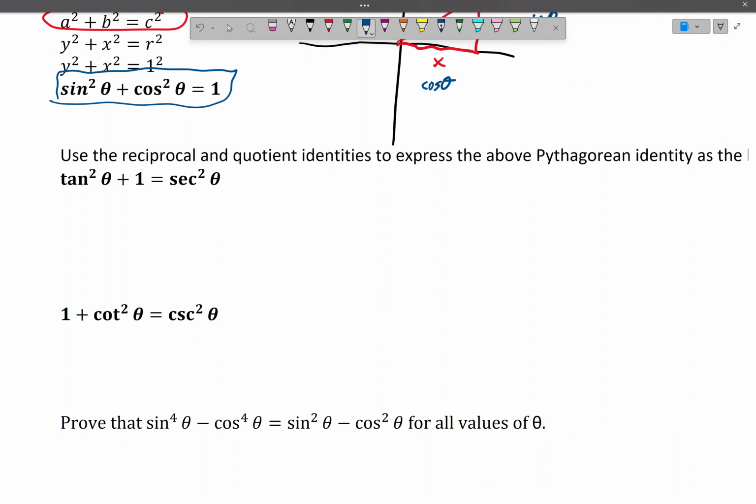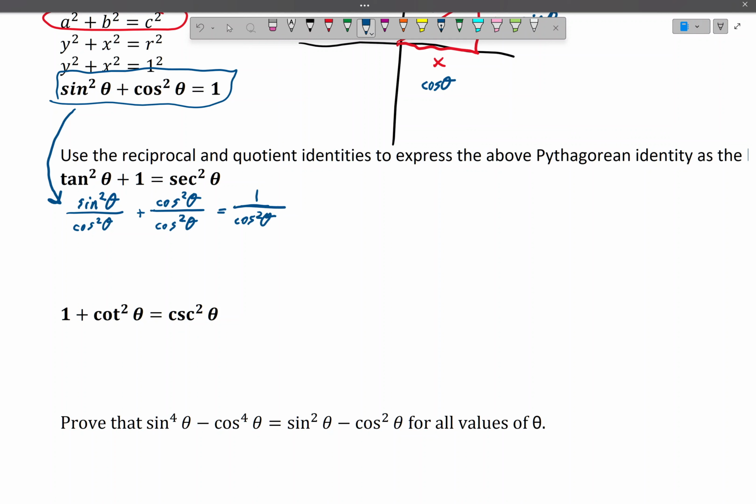What we're going to do is divide this original one. We're going to take this and divide every part of it by cos squared theta. Every single part.